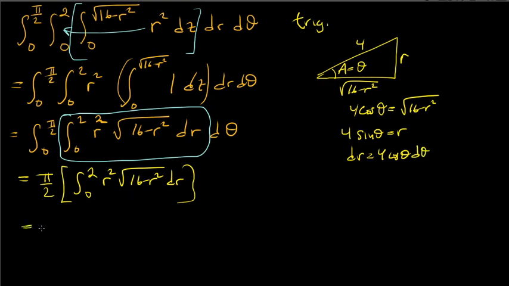All right. And if r goes from 0 to 2, sine of theta goes from 0 to 1/2. Right? So don't forget the pi over 2. Let's see, r squared becomes 16 sine squared theta.